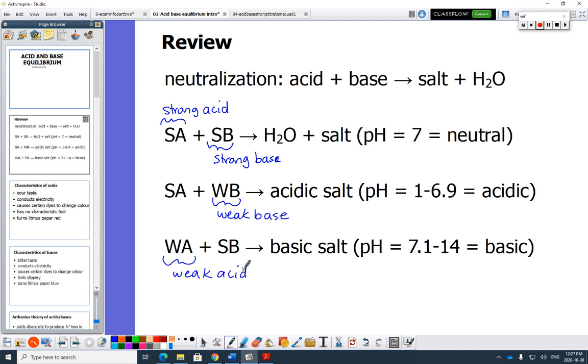So last year, we would have talked about proton transfer in a very qualitative way. Now we're going to say quantitatively, using an ice table equilibrium constant, how much or what's the concentration of hydrogen ions produced or consumed.